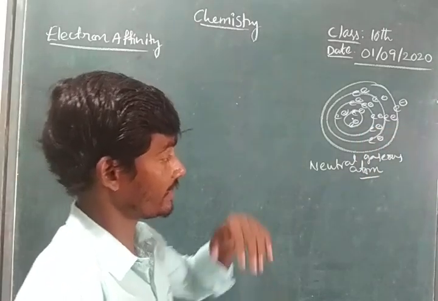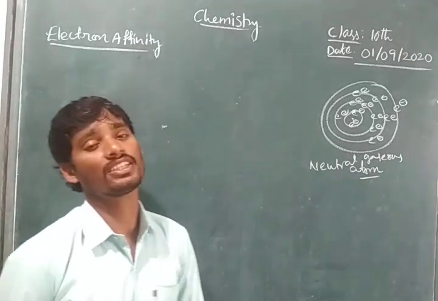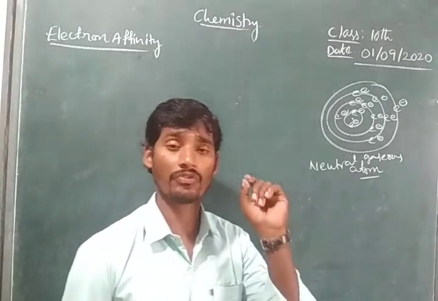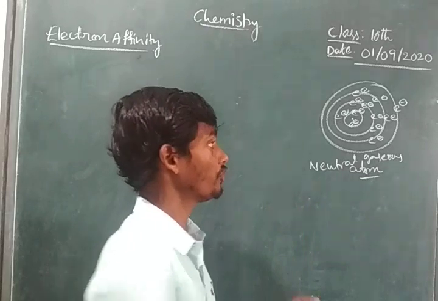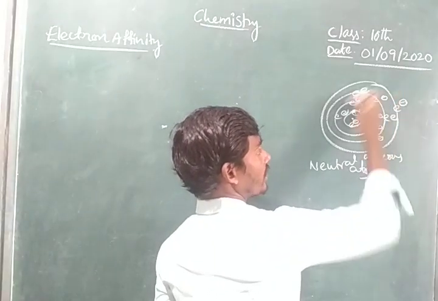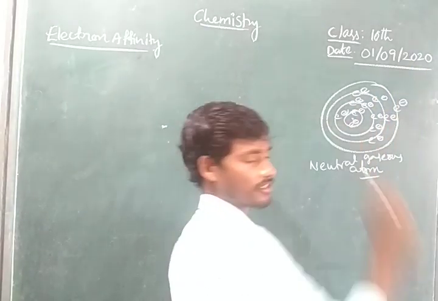In case of ionization energy, we are saying the minimum amount of energy is required to remove the electron from the valence shell of the neutral gaseous atom.